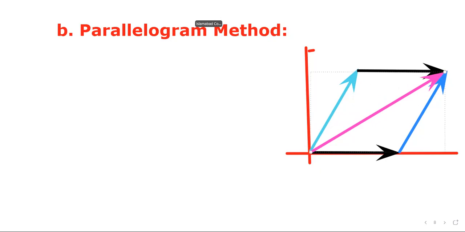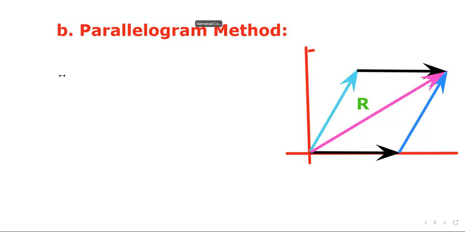This is the resultant vector, and the method is called parallelogram method. Okay, either it's a head to tail method or parallelogram method.